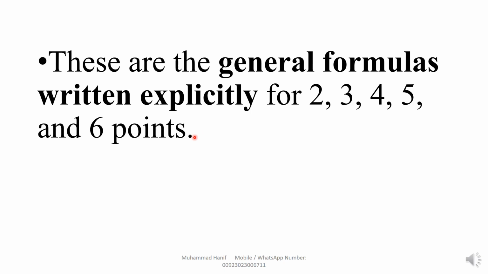If here is given more points, same formula we will follow. You must understand this formula, then you can easily solve your questions according to given points. If here are given 4 points, then you write the 4-point formula. If here are given 5 or 6 points, then we will follow the same formula.